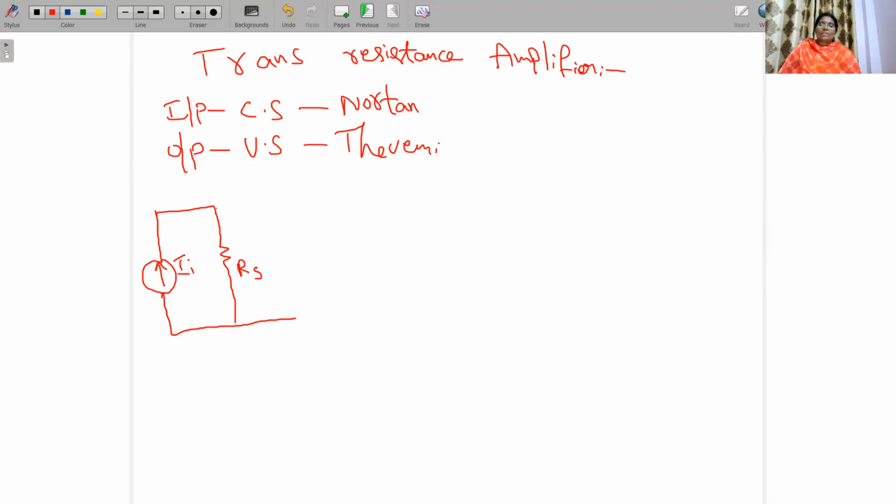And then I have to represent one more resistance, that is Ri. This is about the input side equivalent diagram. And then we'll go for the output, which is the Thevenin equivalent model, that is nothing but a voltage source Rm into Ii.